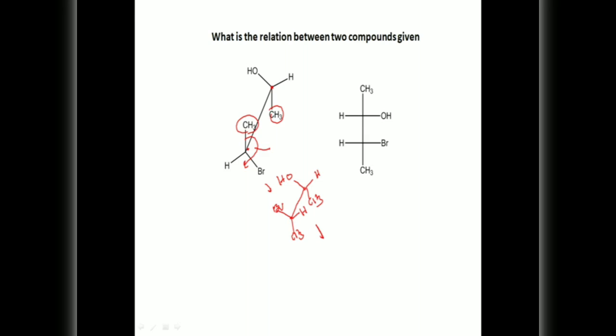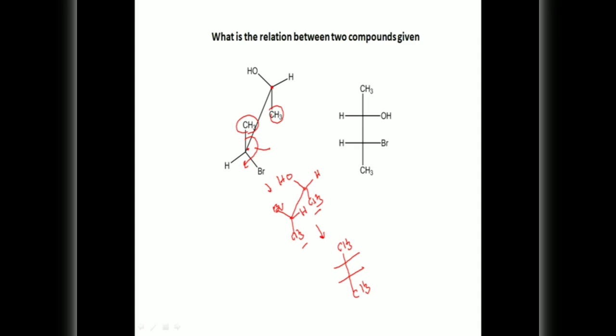Now write the structure in the Fischer projection formula. The two CH3 groups must be present on the vertical line, as this compound contains two chiral carbons. Whenever we are writing a Sawhorse projection as a Fischer projection, the groups which are present on the vertical line must be in the downward direction.